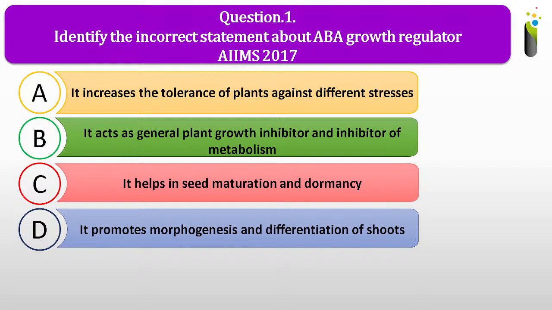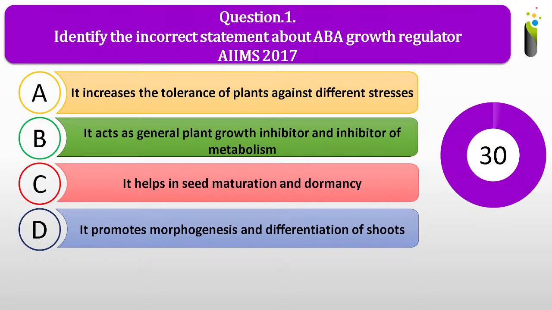So these all are the statements given, and you have to find out the incorrect statement, that is the wrong statement. Out of these 4, there is one wrong statement, so the remaining 3 ought to be correct. Your time starts now. Now answer me for this question. Identify the incorrect statement about abscisic acid being a growth regulator.